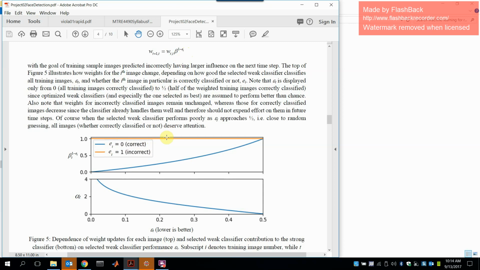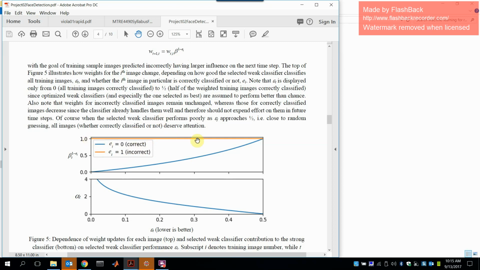So I'm either going to raise to a 0 power, or I'm going to raise to a 1 power. And if I raise to a 0 power, no matter what beta is, that is going to be 1. And if I raise to a 1 power, beta doesn't change. Okay? So basically, if that image is incorrect, EI is 1, so 1 minus 1 is 0, so beta to the 0 is 1.